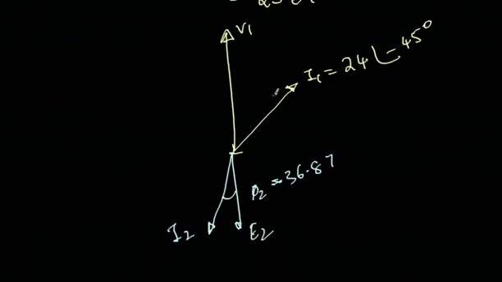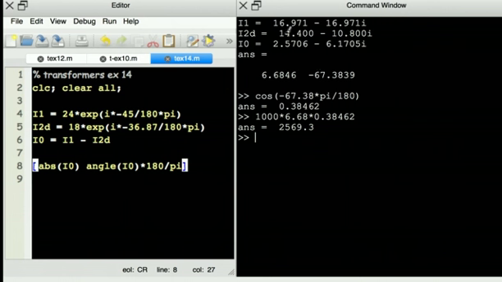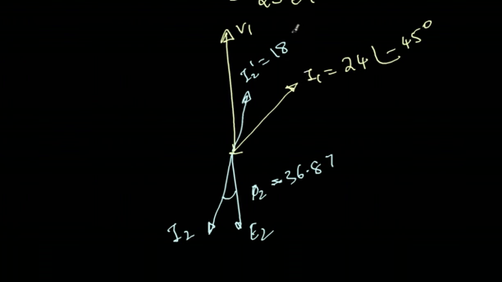So this is supposed to be somewhere like this. Because I2 dash magnitude, I got only 18. Yeah, it is 18. And this angle is minus 36.87 degrees. So that is this angle. So I know this angle.